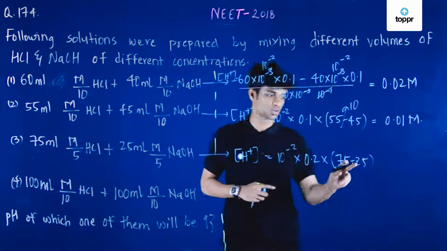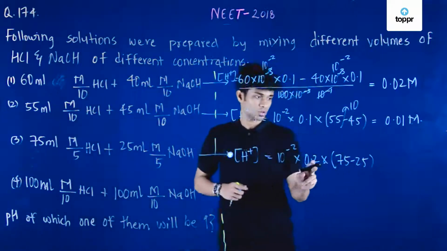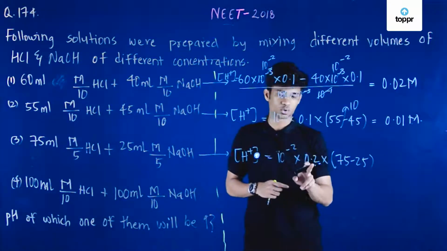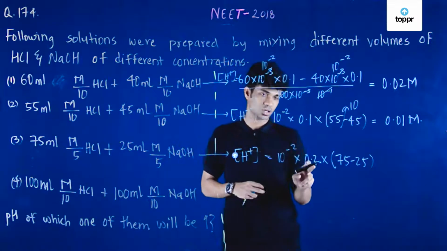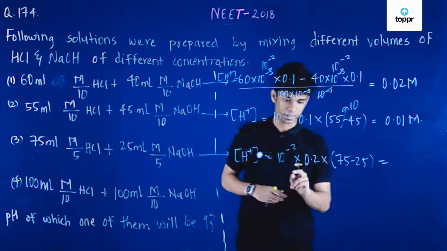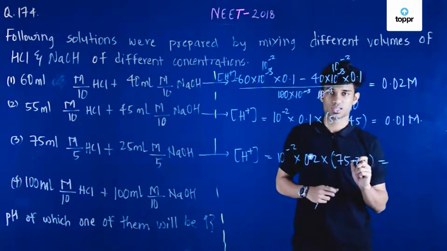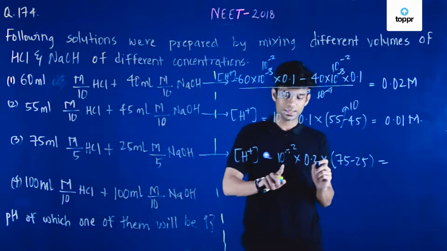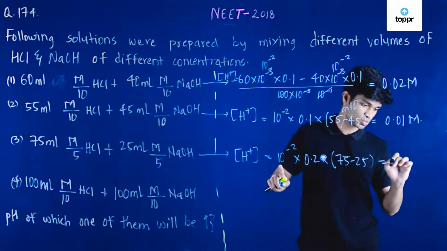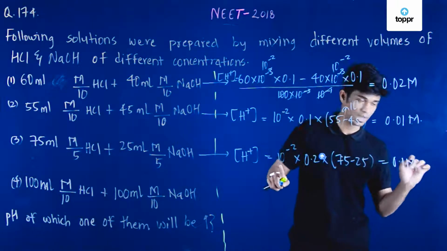So 75 minus 25 turns out to be 50. 50 into 0.2 is basically 10, and 10 into 10 power minus 2 is 10 power minus 1, that is 0.1 molar.